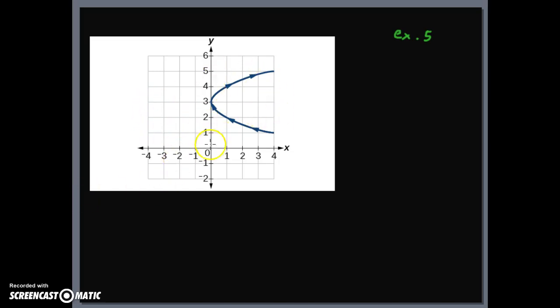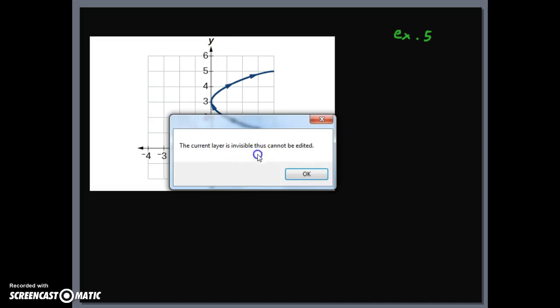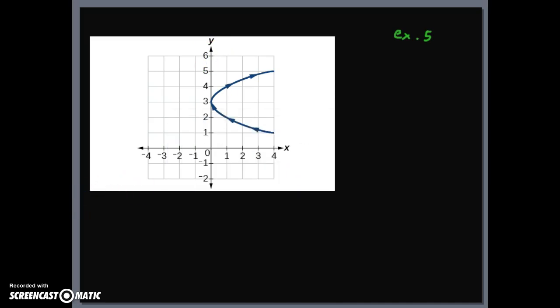Okay, so this looks like a quadratic, but you can see already that this is not going to pass the definition of a function, because if we draw a line right here on this y-axis, it only crosses one time. So it passes the definition right here.